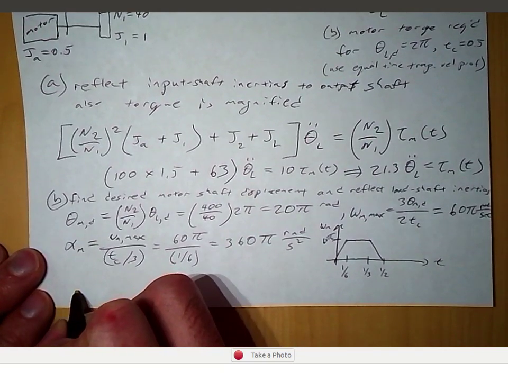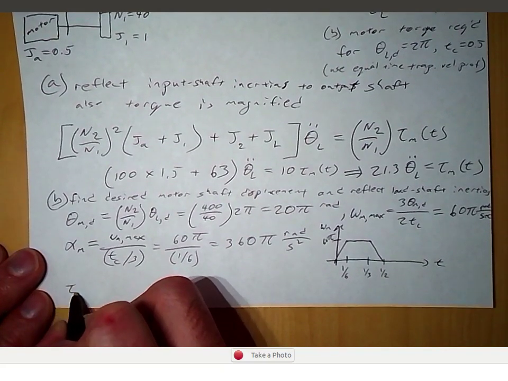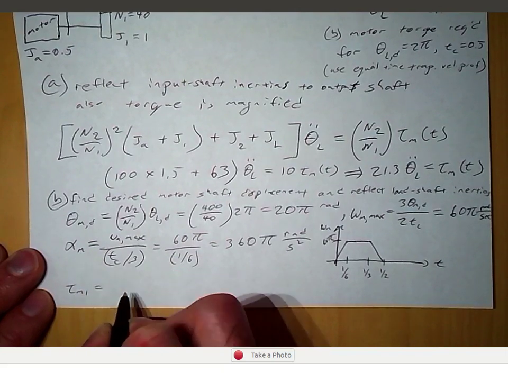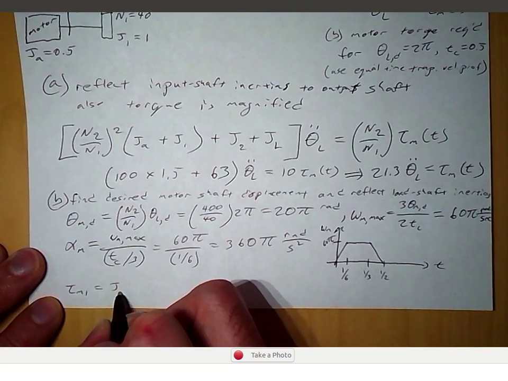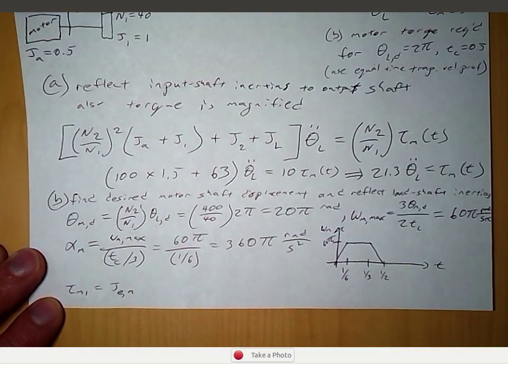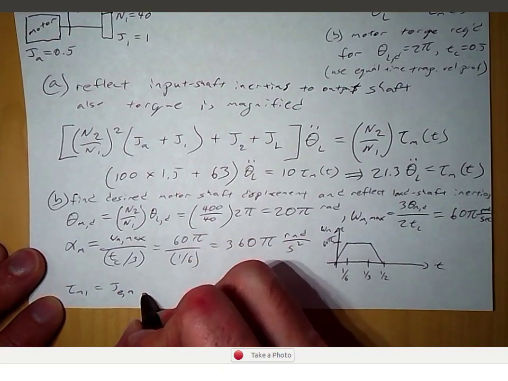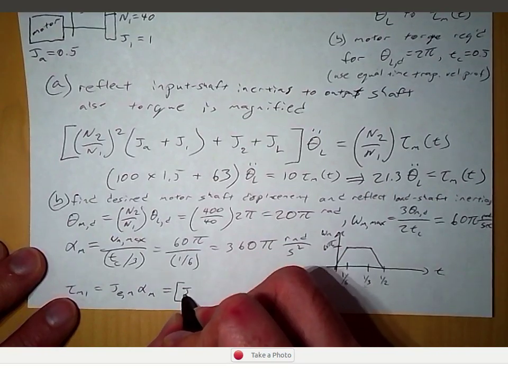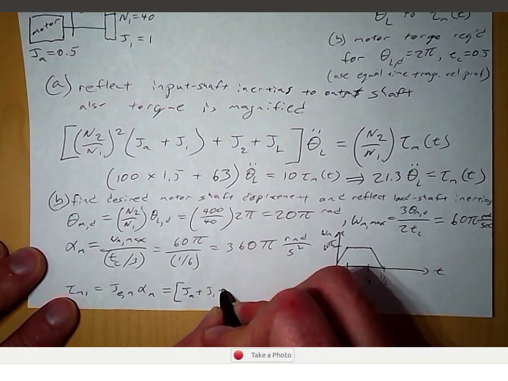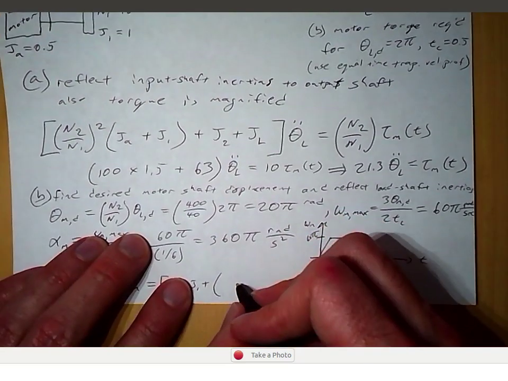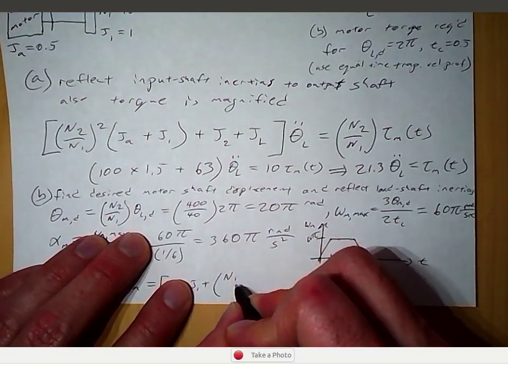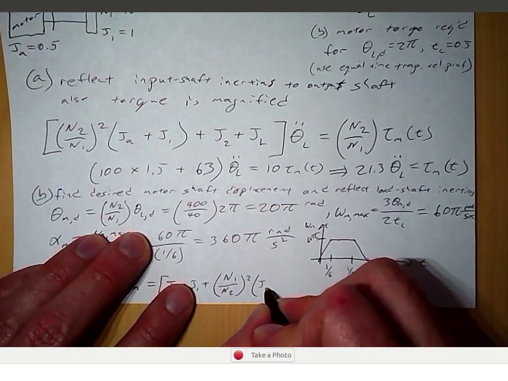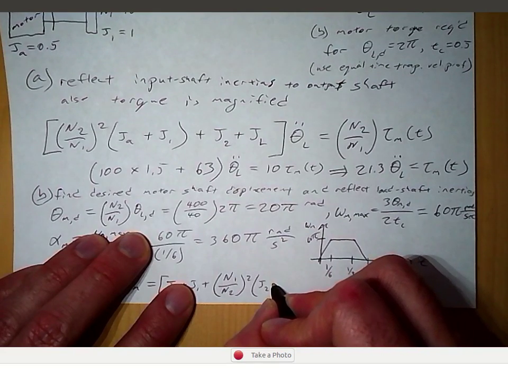So the motor torque, tau m1, is equal to the equivalent moment of inertia on the motor shaft times the acceleration. So that is JA plus J1 plus, now we need to reflect the load shaft moments of inertia. The destination teeth is N1, the source teeth is N2, square that quotient, and then multiply that by the sum of J2 and JL.